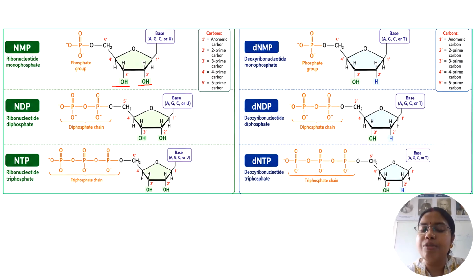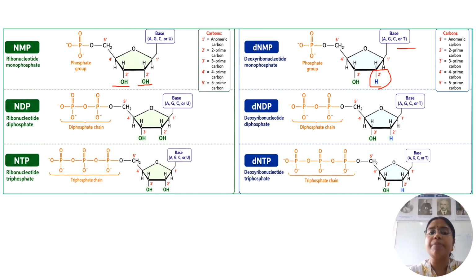If we come to the deoxyribonucleotide, here we can see that at the 2' position the OH is missing because it is 2-deoxy. So in the 2' position hydrogen is present, and only one hydroxyl group is present among the 2' and 3', and the bases should be adenine, guanine, cytosine and thymine, not uracil.